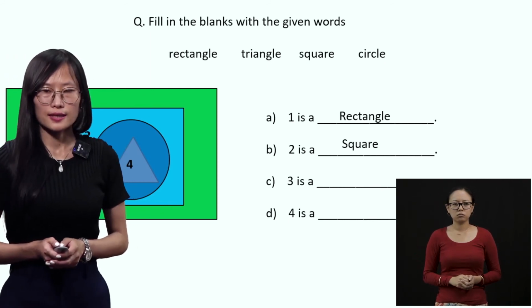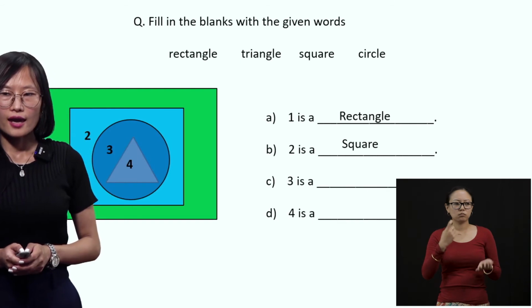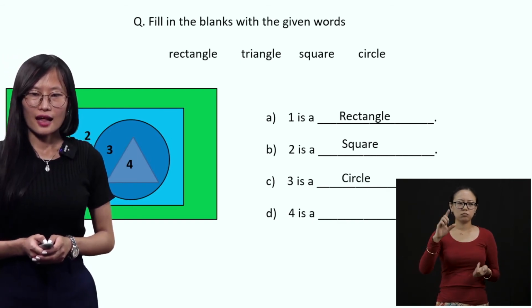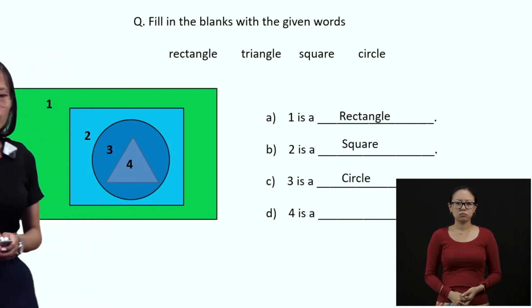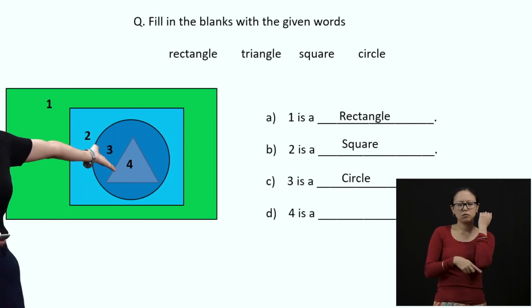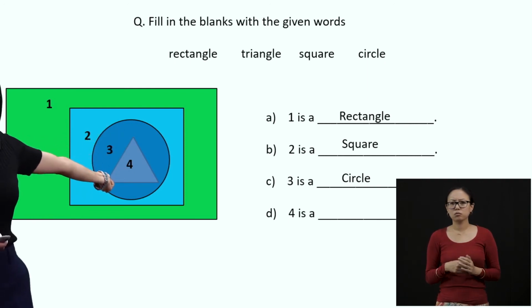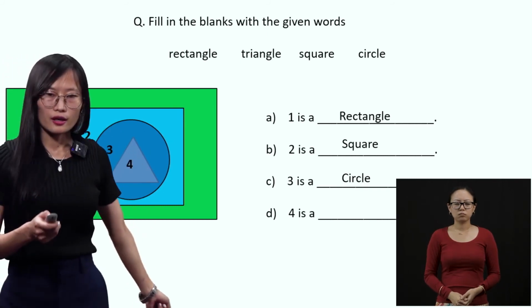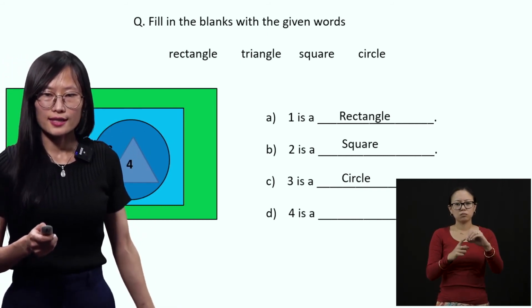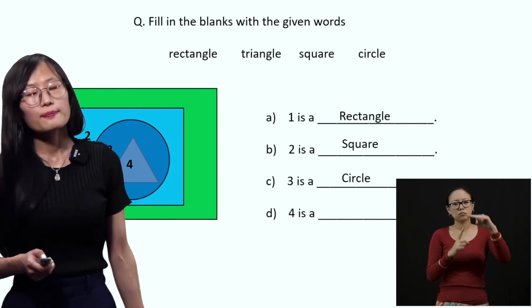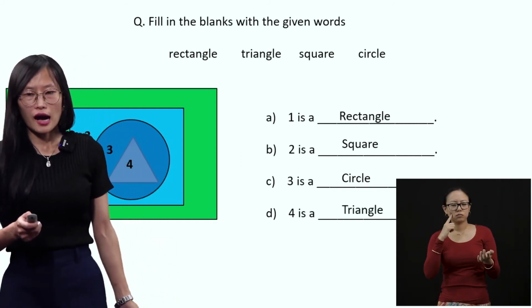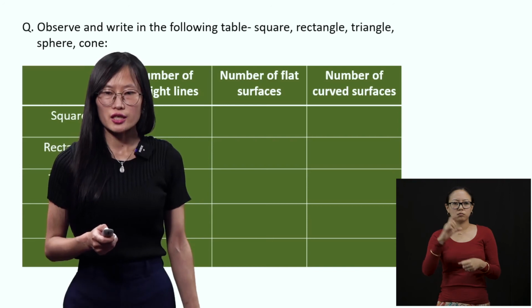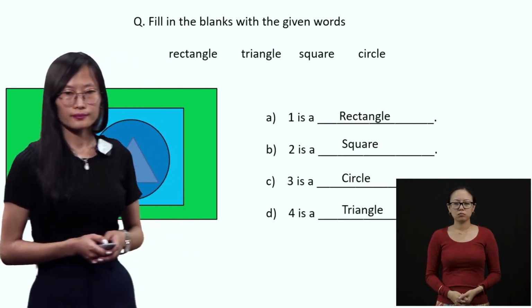Let's spell it. C-I-R-C-L-E, circle. Now the last picture shown in gray color. What does this look like? It looks like a triangle, right? So here we will write 4 is a triangle. Let's spell it. Triangle.